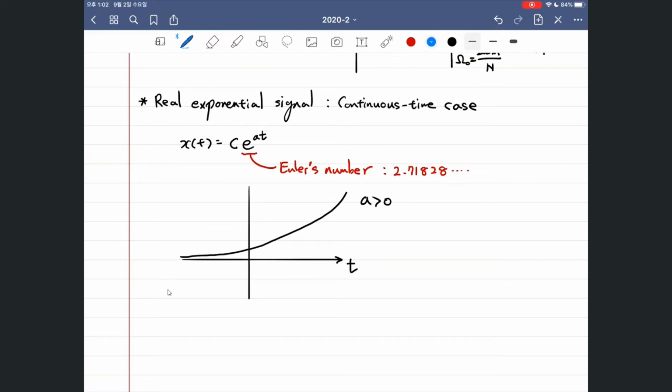If a is smaller than 0, so if it is negative, then it's a decaying function, and both meet at the y-axis, where the value is 1. So it's a growing function if a is bigger than 0, and a decaying function if a is smaller than 0.